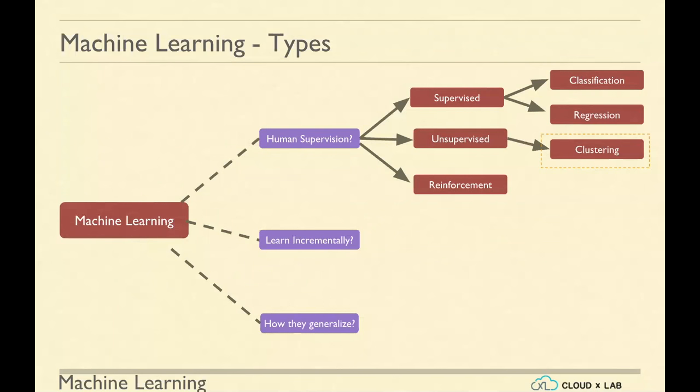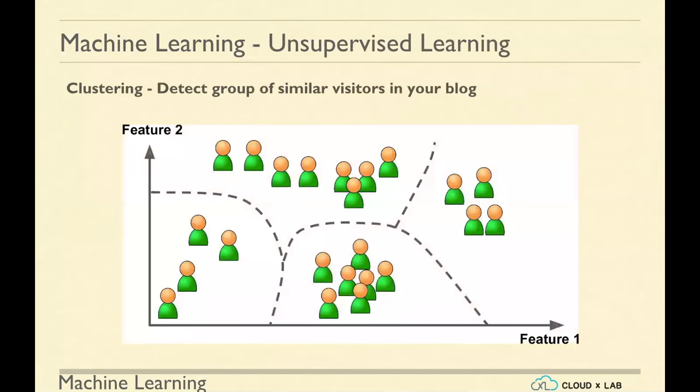In clustering, we don't have a clear definition of a group. Nobody has told us this is the label for this group. We are just given the data and asked to draw the boundary such that we split the data into clusters, bringing the similar items together. This is clustering.